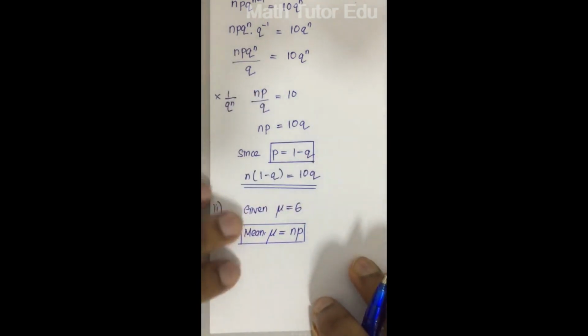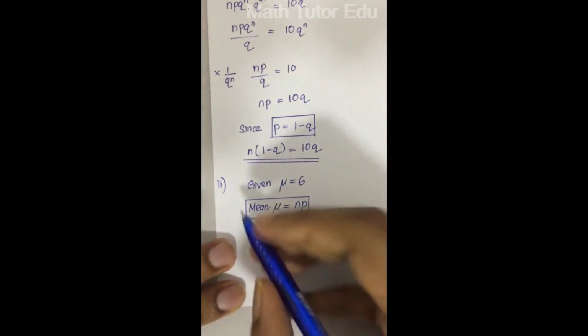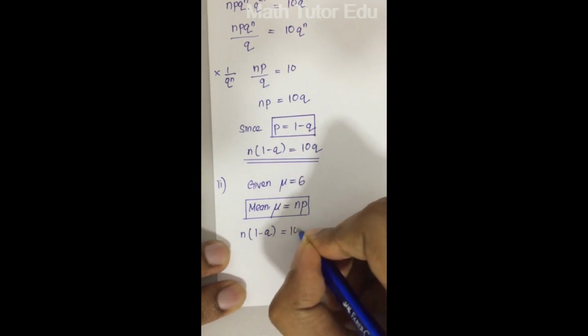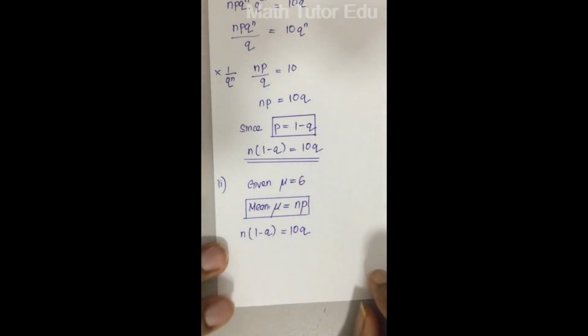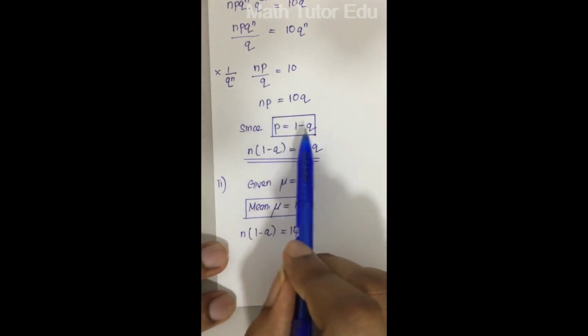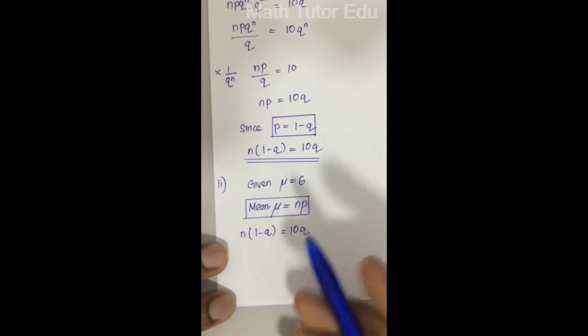Okay, so from here, in the top equation we have already proved that n in a bracket 1 minus q is equals to 10q. Since probability of success is equals to 1 minus q, we can just write this expression as p. P is equals to 1 minus q, so we can just substitute this 1 minus q as p.